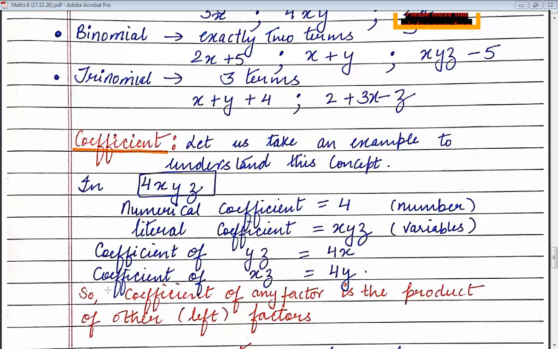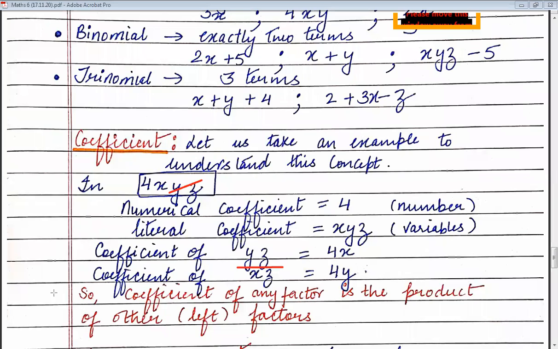So now next we have the term 4xyz. Now children, we have to find the coefficient of yz. What we have to find out? Coefficient of yz. Let's see the term. Where is yz? So children, yz is here. So please cancel it out. What is left here? 4x.